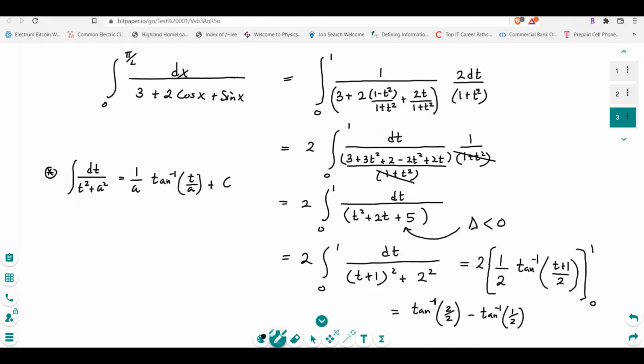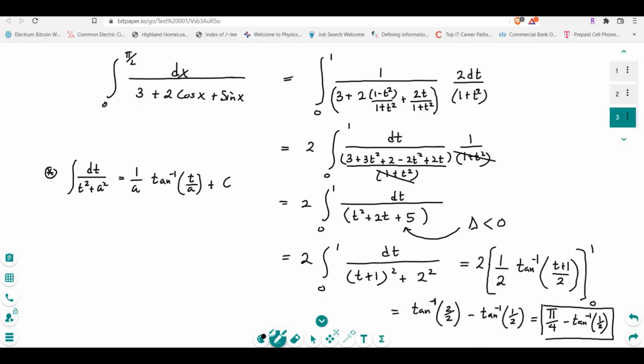And then inverse tangent of 2 over 2, or 1, is basically pi over 4, pi over 4 radians. So I have pi over 4 minus inverse tangent 1/2. So this is going to be the final answer for this problem.